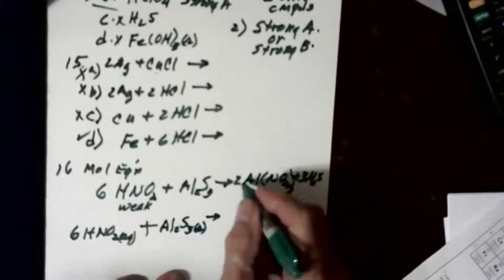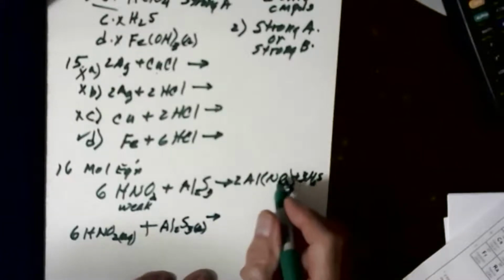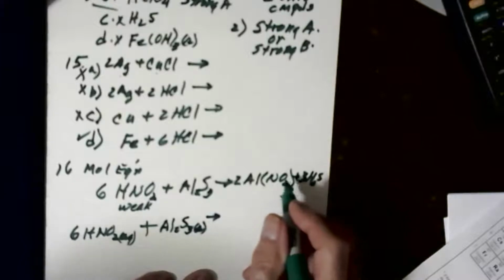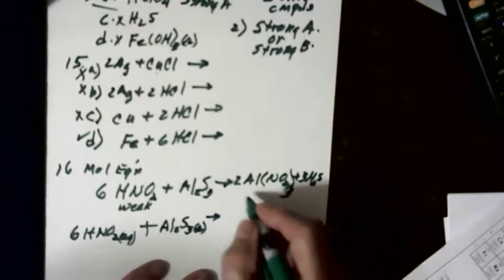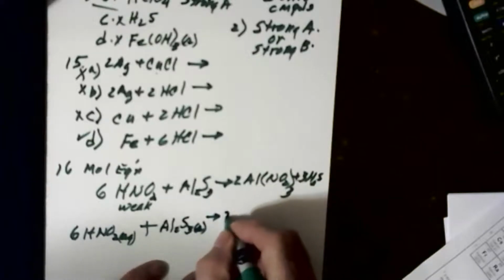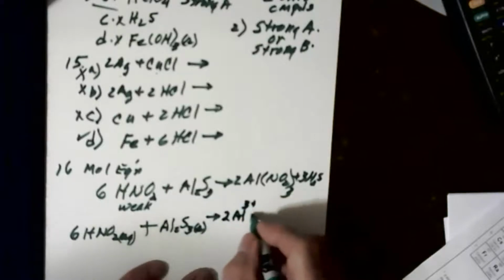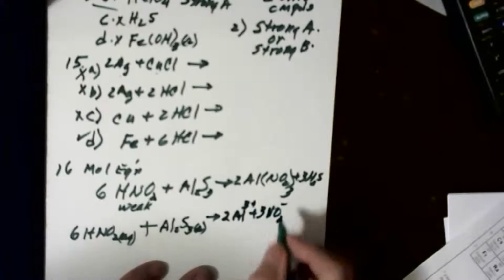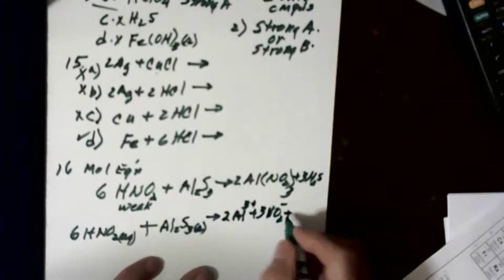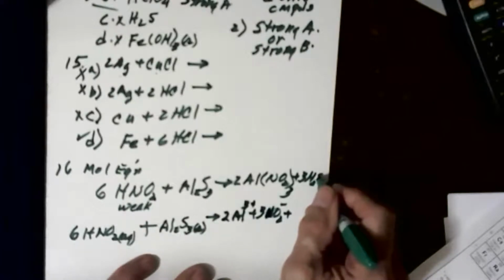Now, do we separate the aluminum nitrite? Yes, all nitrates, acetates, and perchlorates are soluble. So aluminum nitrite is soluble, which means we're going to pull out 2Al3+ and 3NO2- is going to separate like that. So I'm going to get it separated. And now H2S, it's an acid, but it's a weak acid.